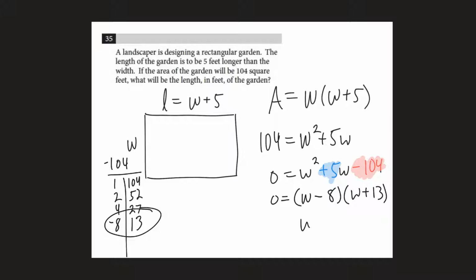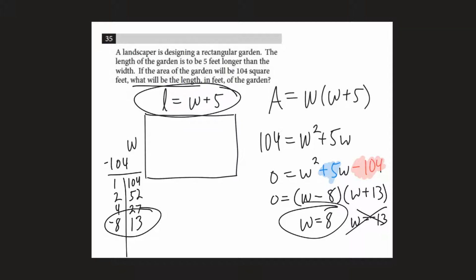So w must be equal to 8, or w must be equal to negative 13. Well, we're talking about length, and length is not negative, so the width must be 8. It's asking for the length. The width is 8, so the length is 8 plus 5, so the length equals 13.